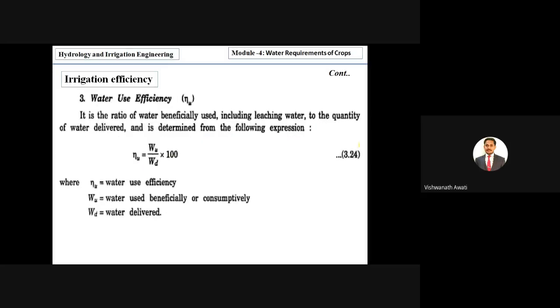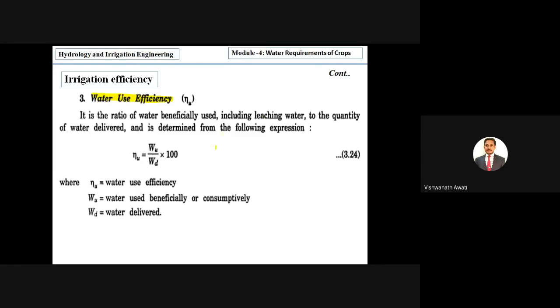Okay, so next we will go for water use efficiency. Water use efficiency is the ratio of water beneficially used, including leaching water, to the quantity of water delivered, and it is determined from the following expression.